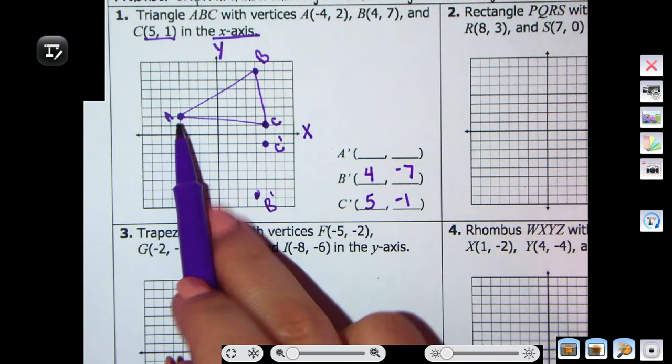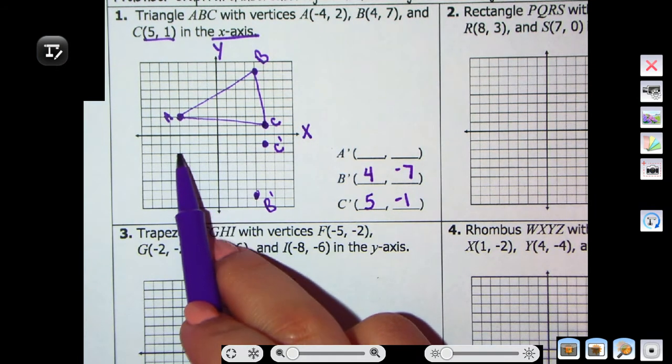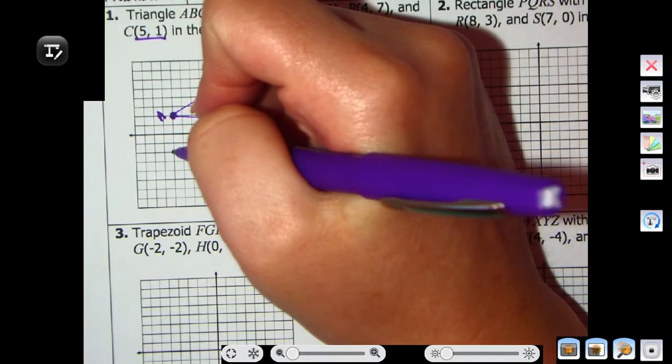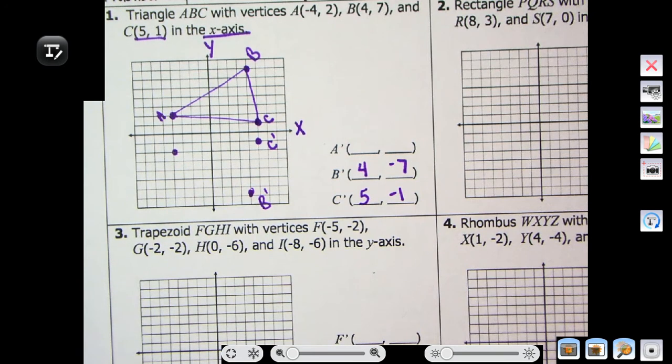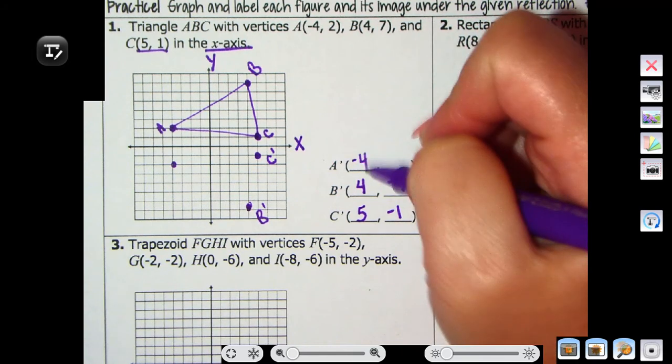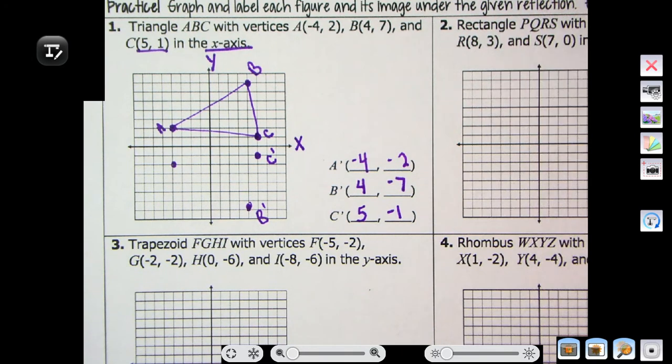And then same for A. So A is going to come down. It's at +2, so we're going to reflect it over, and it's just going to go to -2. So A becomes -4, -2. And then I'll connect those.